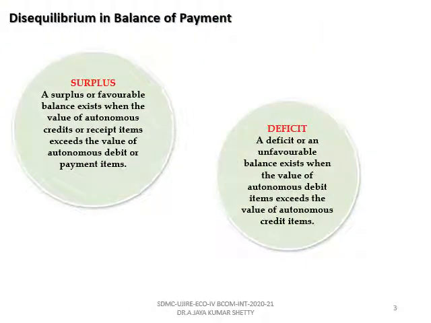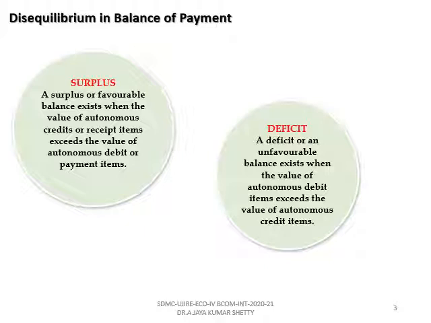The balance of payment disequilibrium may be in the form of surplus or deficit in the balance of payment. A surplus or favorable balance exists when the value of autonomous credit or receipt items exceeds the value of autonomous debit or payment items.